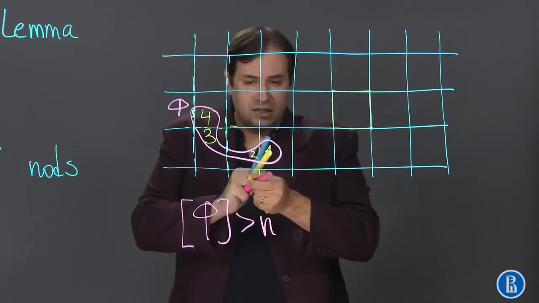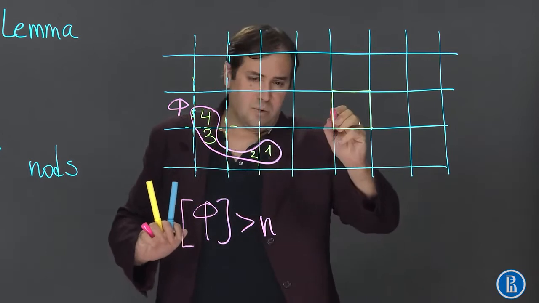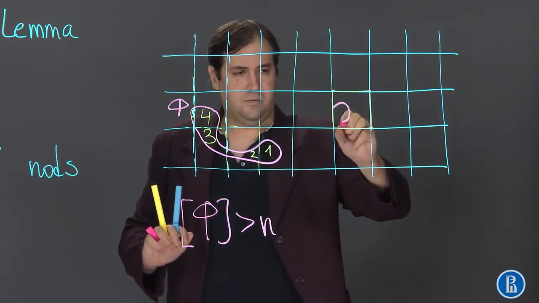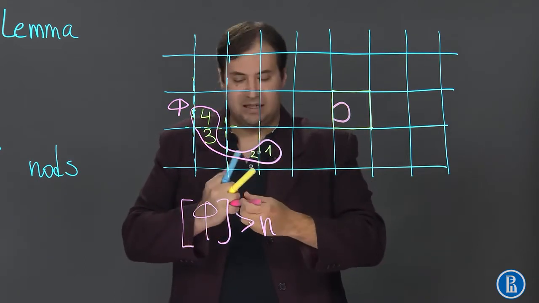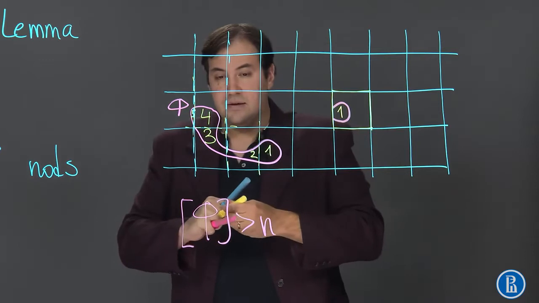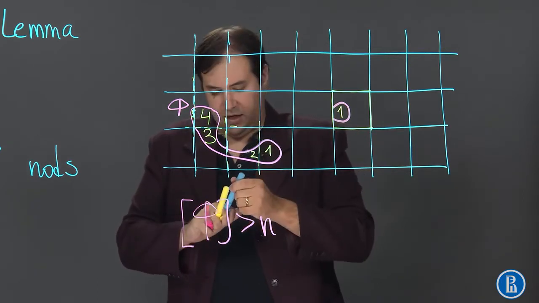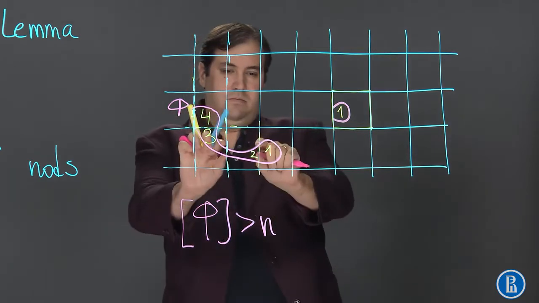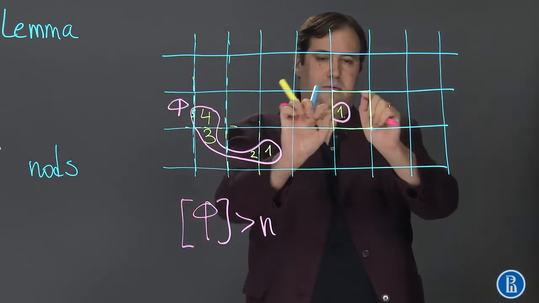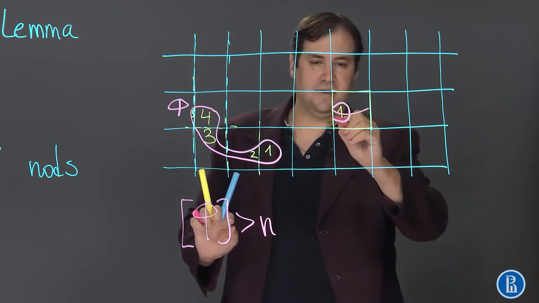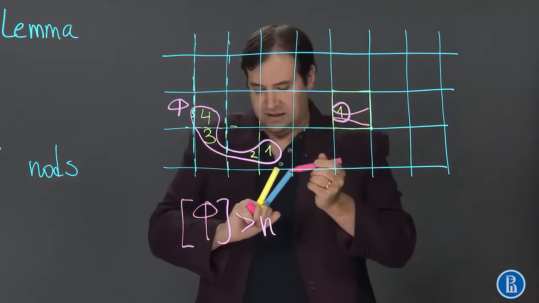So this one piece here will go over here. This is piece number 1. And this one piece here will be shifted over here, something like this. This is piece number 2.